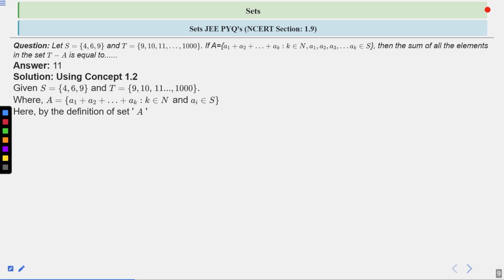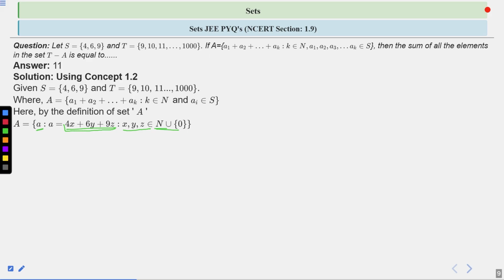Here, by the definition of set A, you can rewrite this set A in set builder form, the collection of A such that A must be of the form 4x plus 6y plus 9z, and x, y, z all belong to the whole numbers, the collection of all natural numbers union 0.